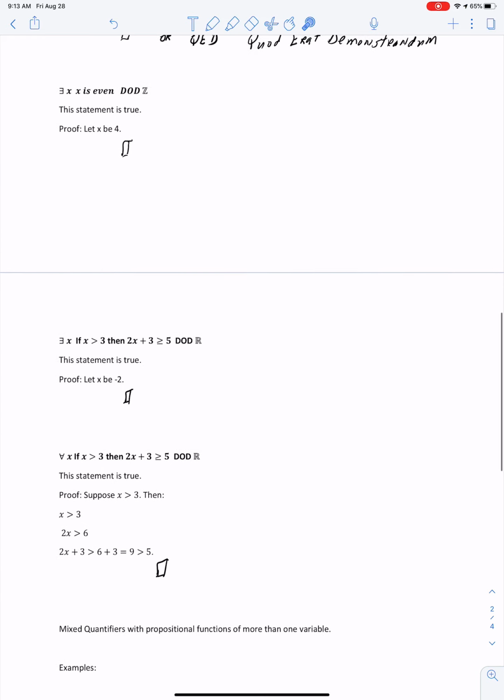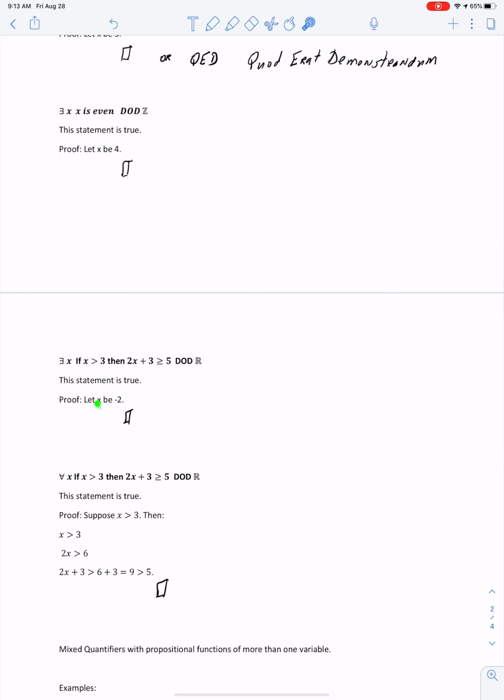Now you need to think about that. If x is minus 2 and I plug it in here, this is a conditional statement, and my hypothesis would say minus 2 is greater than 3. Is that true or false? Well, the answer is it's false.